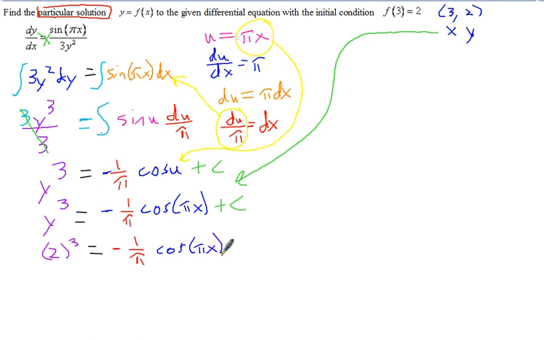Oh, sorry, not pi x. When you plug in 3, that's going to be 3 pi. Plus c.